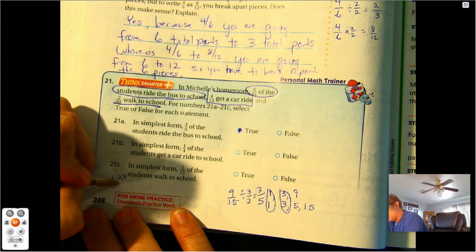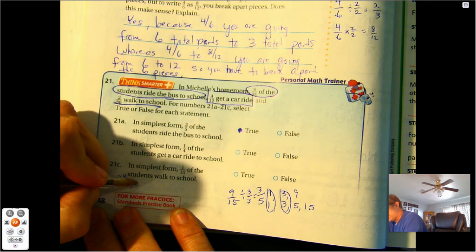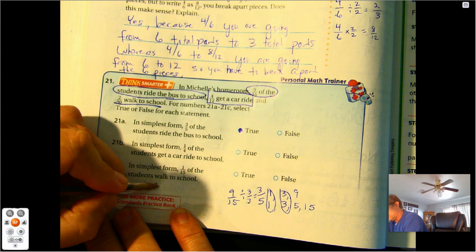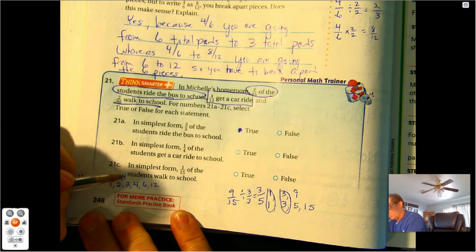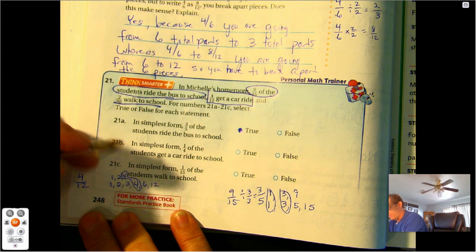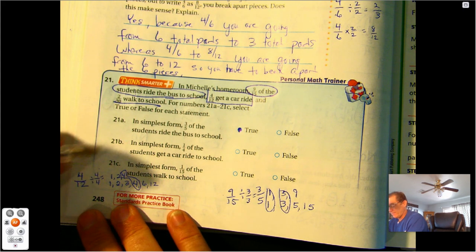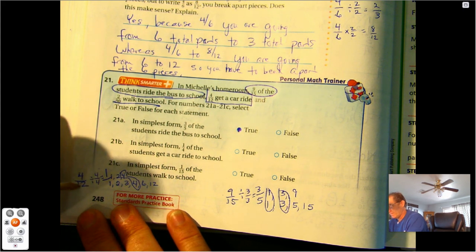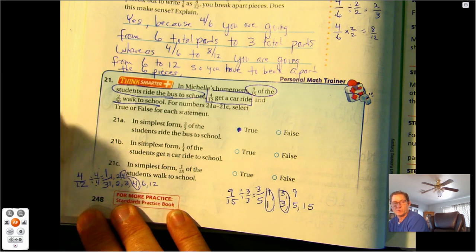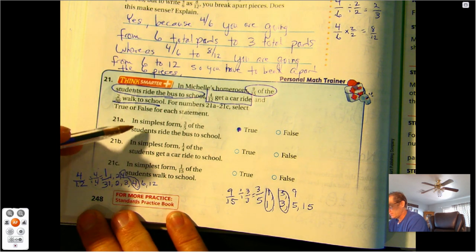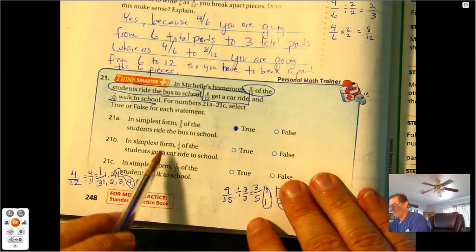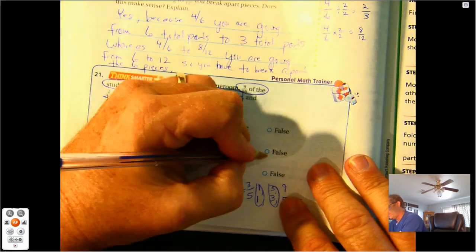So we want to divide by a factor of 4. That is the largest common factor. 4 divided by 4 is 1. 12 divided by 4 is 3. 3 times 4 is 12. 1/3. So no, that's not true. 1/4 is not the simplest form. 1/3 is.